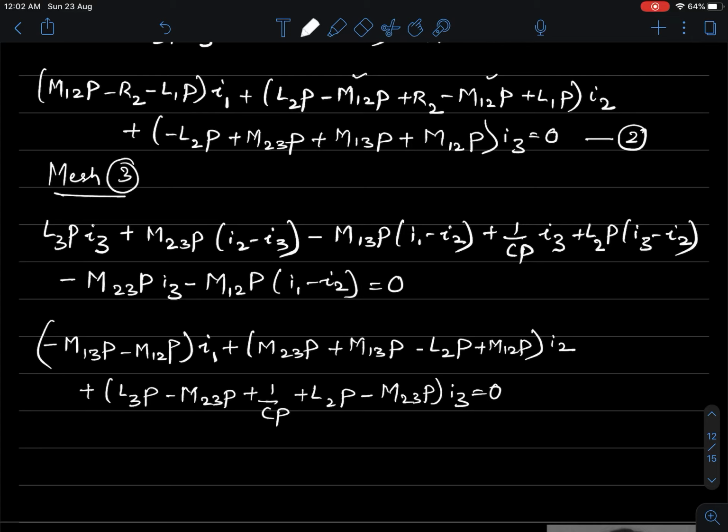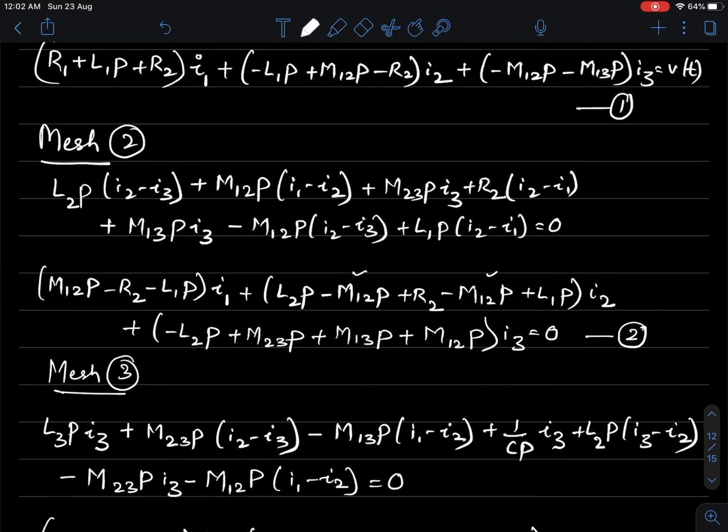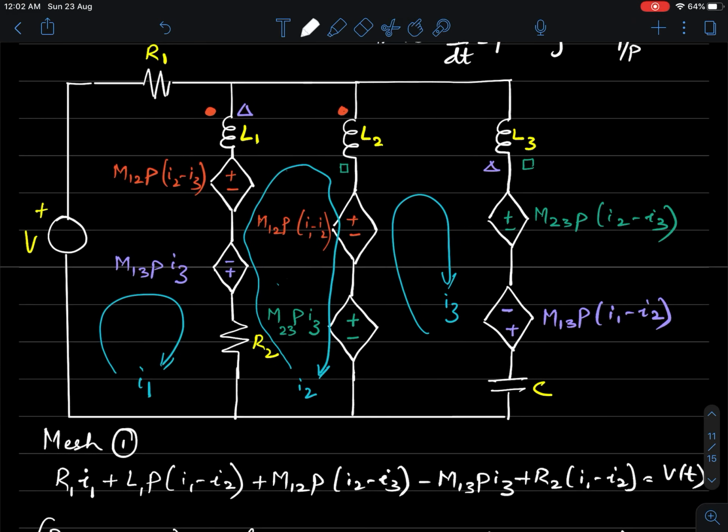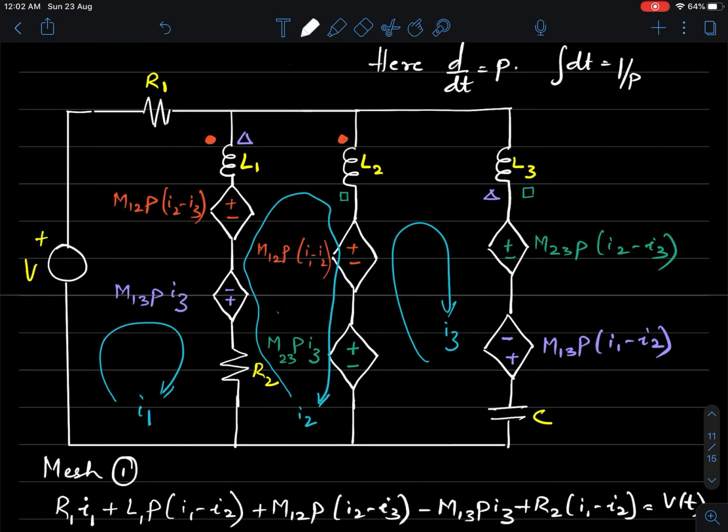We need to be a little cautious while writing the coefficients. Subscripts and all these things, we need to be a little careful. If I can manage some space underneath, I'll be able to adjust.